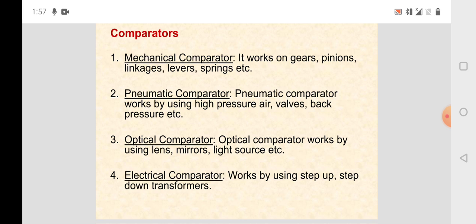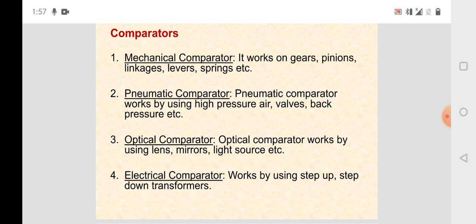Or in selective assembly parts, we have seen selective assembly, we are grouping the produced workpieces. So oversized holes are grouped and oversized shafts are grouped. Oversized shafts are grouped with the oversized holes, basic size shafts are grouped with basic size holes, and undersized shafts are grouped with undersized holes.